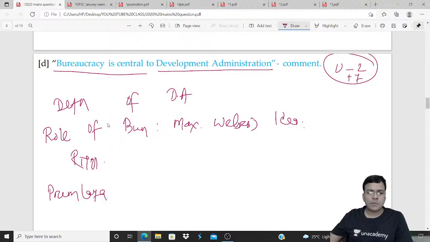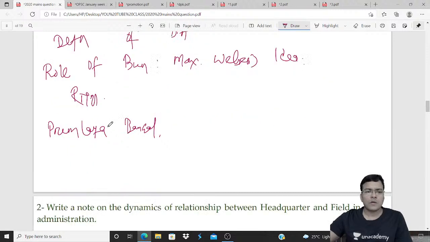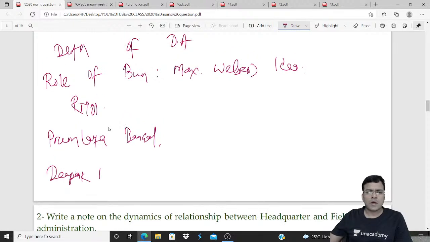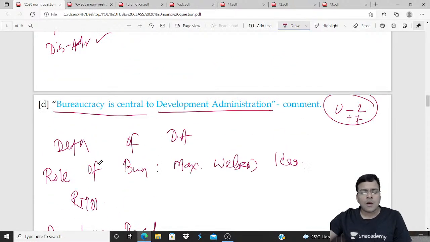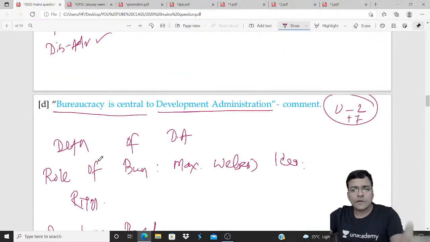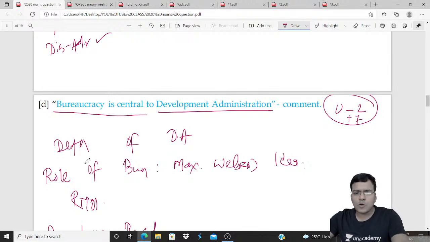Premlata Bansal, Deepak Nair. So these people, how bureaucracy is central to development administration. What are the limitations? What risks were said about bureaucracy in a developing country?